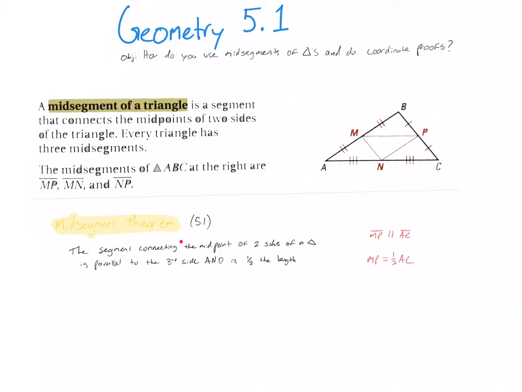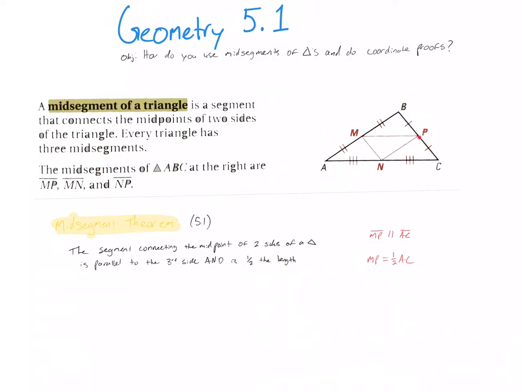Now the mid-segment theorem is a pretty powerful theorem. It says two different things. It says the segment connecting the midpoints of two sides of a triangle is parallel to the third side. So this is parallel to that one, and this one is parallel to that one. And then also that it is half the length.